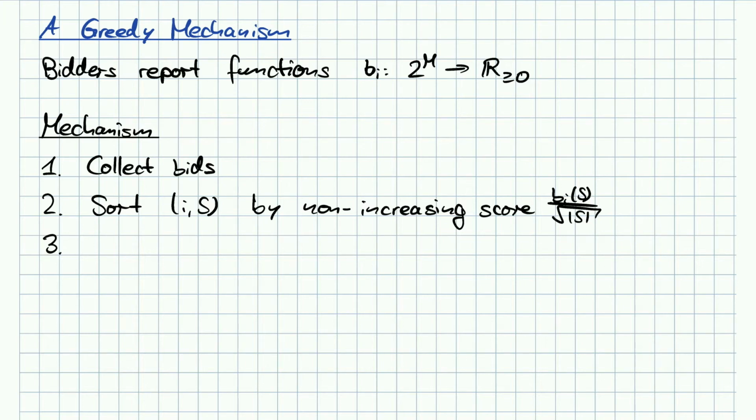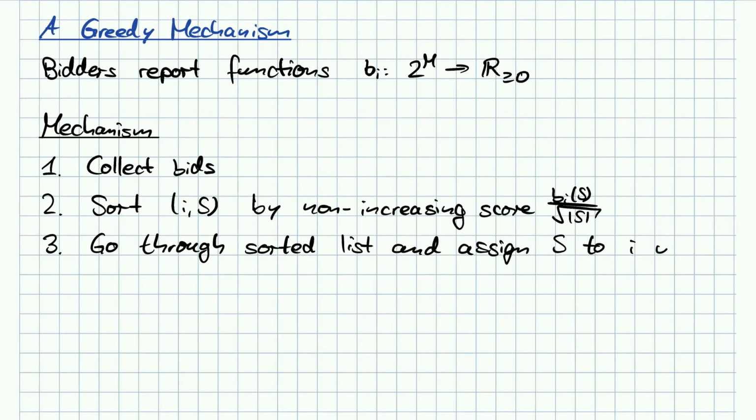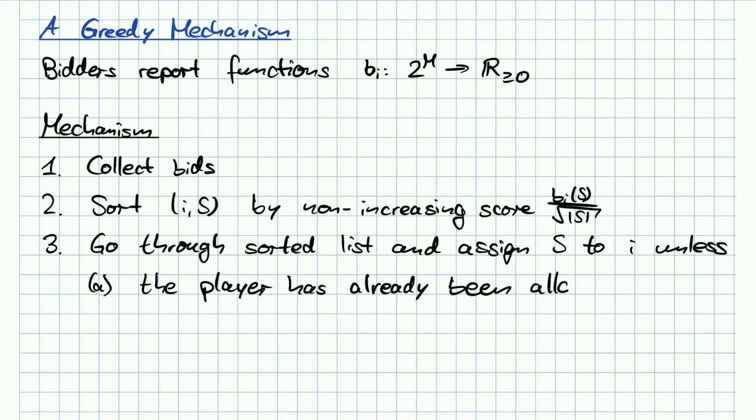And then go through this sorted list and assign S to i unless the player has already been allocated a bundle, or one or more of the items have already been allocated.